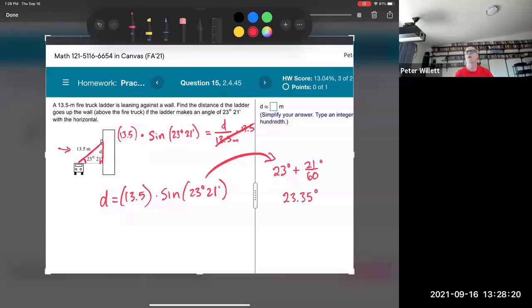And my calculator is giving me 5.35 something. So I'm getting 5.35068, and more decimals if I need.